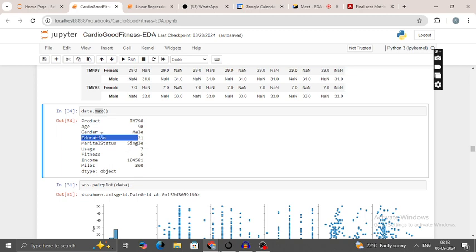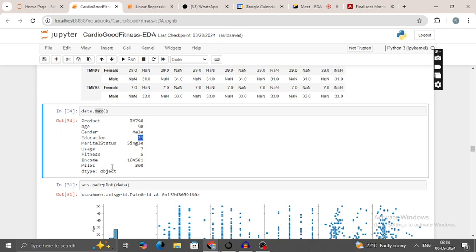I am telling you, you are listening: maximum product is TM798, maximum age is 50, and gender is male, as per the ASCII values, F comes first and after F, M starts, so male is going to come. Education 21 is the maximum value. Usage 7. So wherever the maximum values are, that will come.